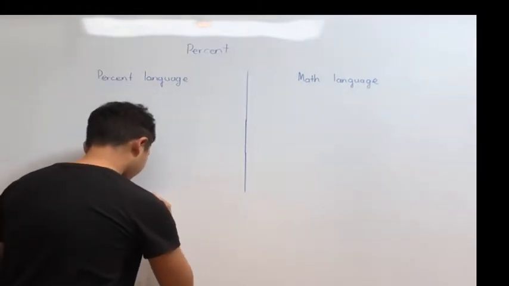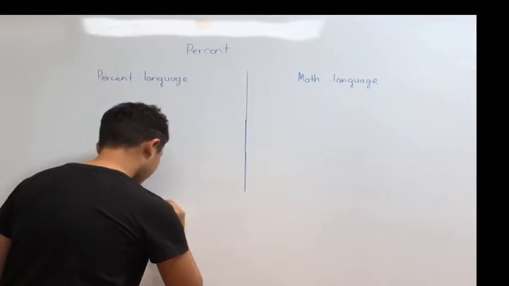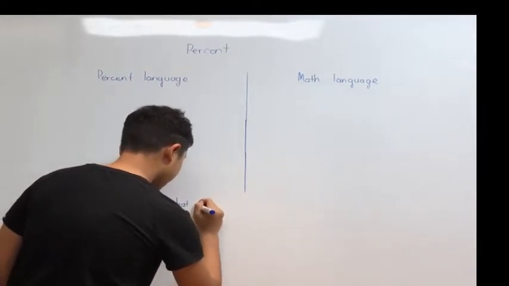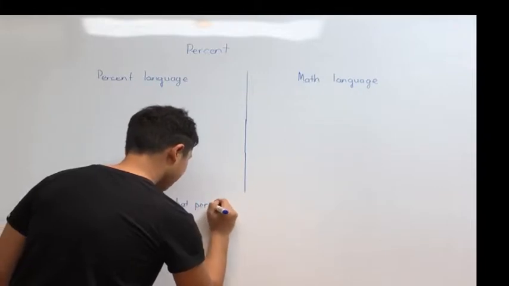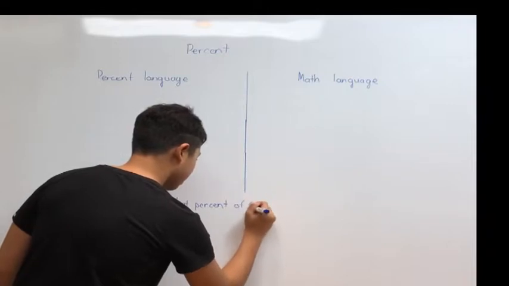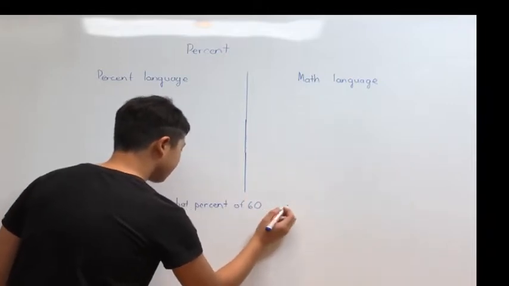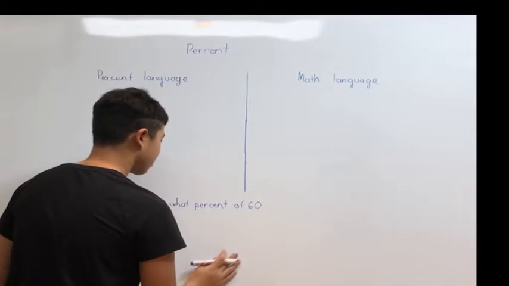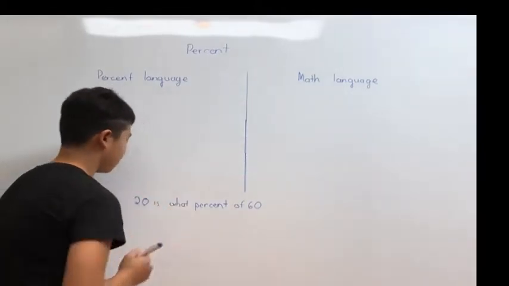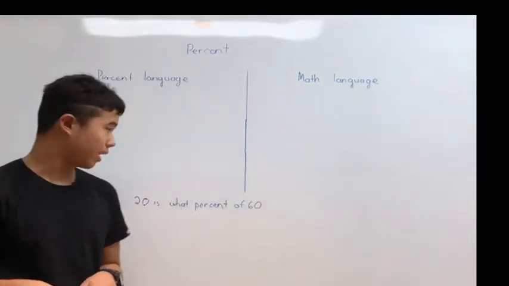So 24 is what percent of 60. Or let's write 20 for easier calculation.